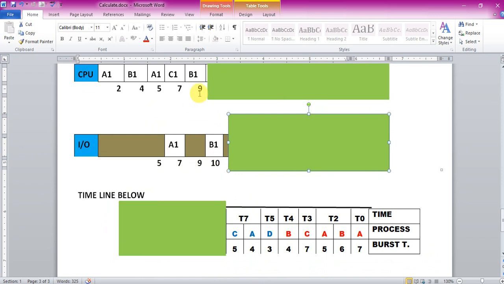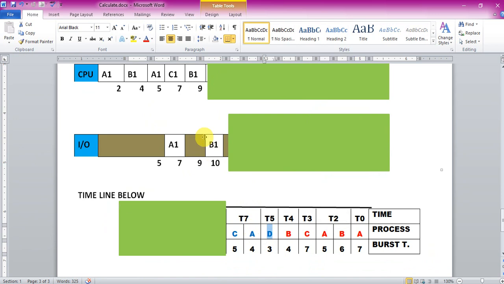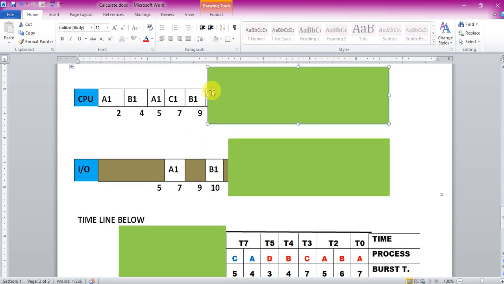The next to take a chance is D. Now D takes its turn next to B, executing for the first time, the first half.